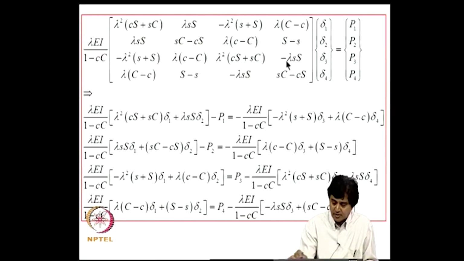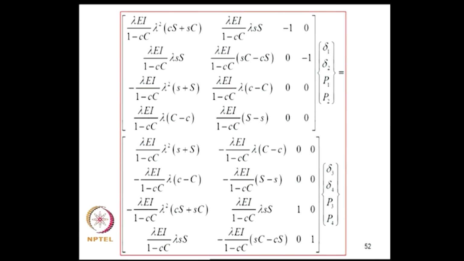So again, this is the equilibrium equation in the frequency domain. We expand and rewrite all this, and on one side we collect terms involving states at one station, and on the other side terms involving states on the right side. If we do that, I get this matrix equation, a 4 by 4 matrix into delta 1, delta 2, P1, P2, which is translation, slope, shear force and bending moment at x equal to 0, is related to the similar state at x equal to L through this equation.